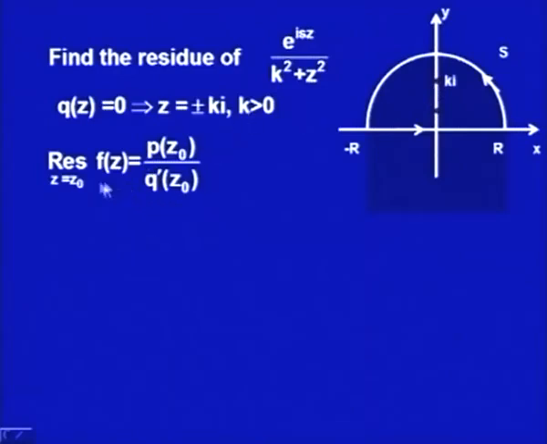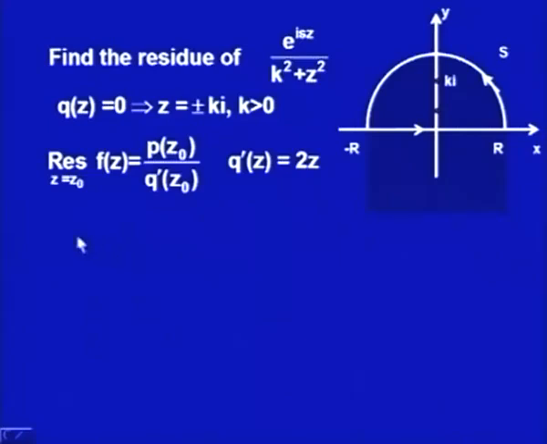Calculating the residue at that point, since the function is of the form p z upon q z, we would use the formula of the residue at z naught of any function f z as p z naught upon q dash z naught. What is q dash z here? Q dash z here is 2 z only.